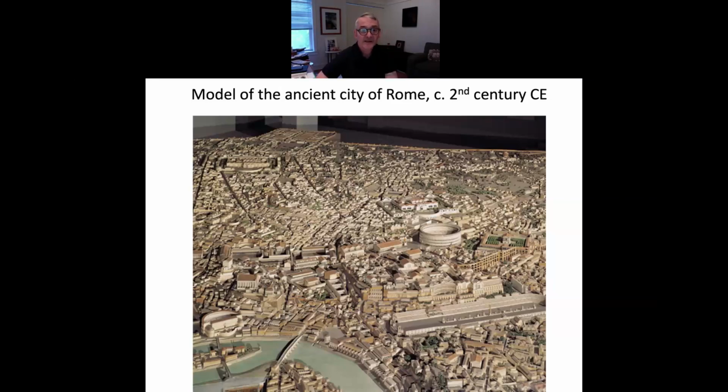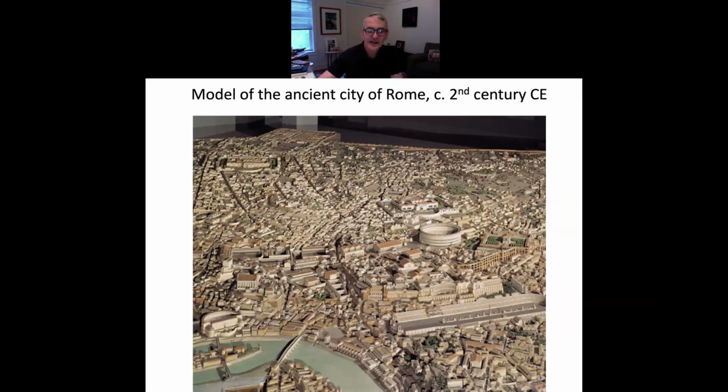They built very large viaducts to transport water from the hills around Rome down into Rome, so that they could have fresh water for this growing population.